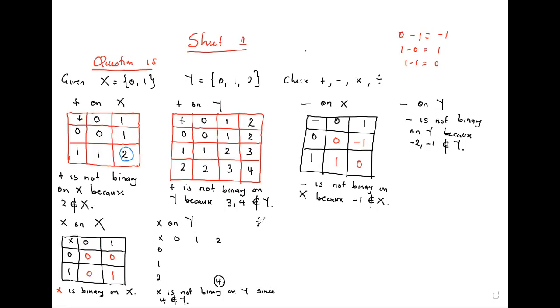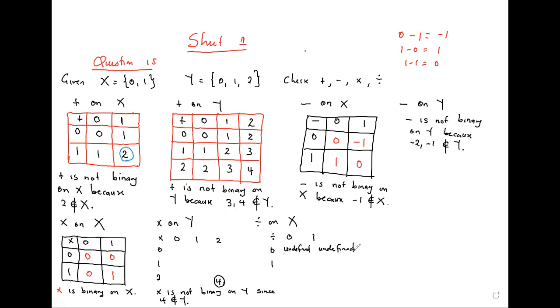Division on X. You put division here, 0, 1, and 0, 1. 0 over 0, undefined. 1 over 0, undefined.